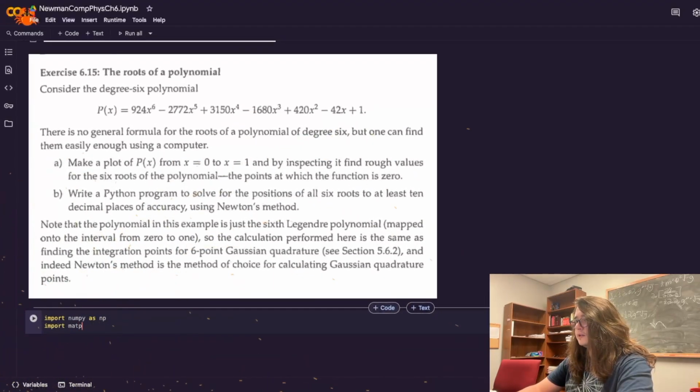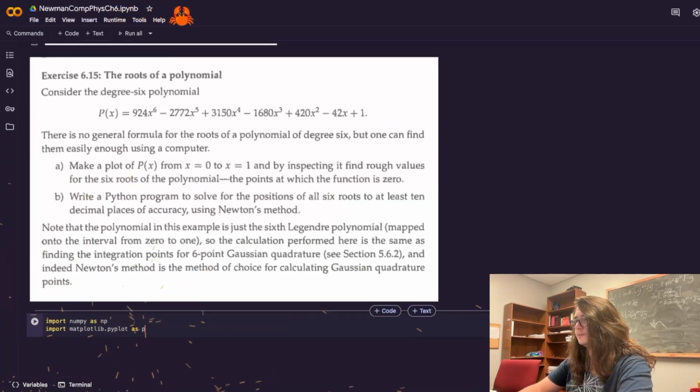Let's just get matplotlib.pyplot imported as plt.